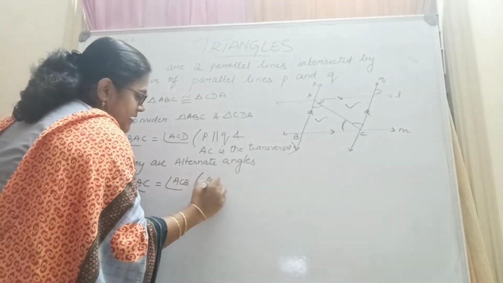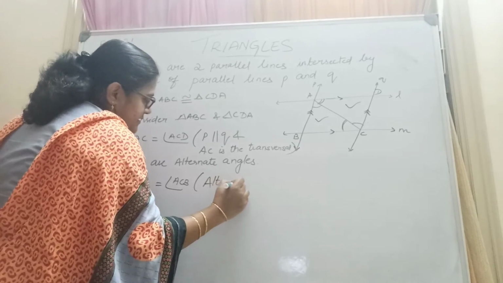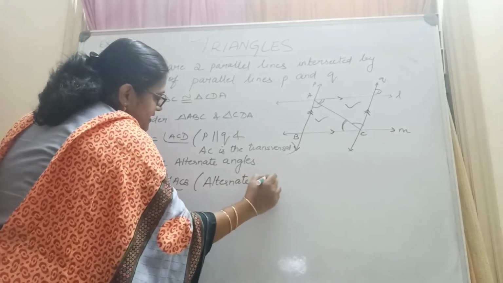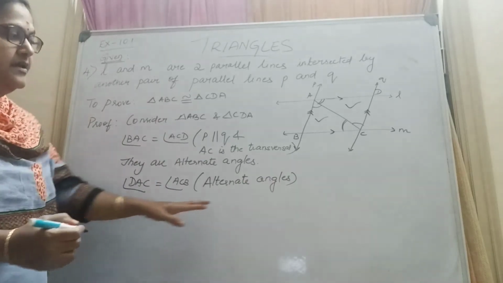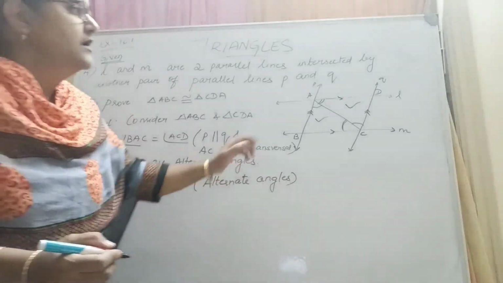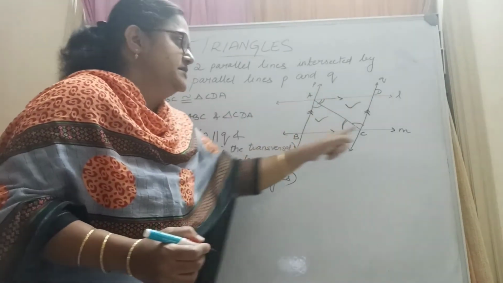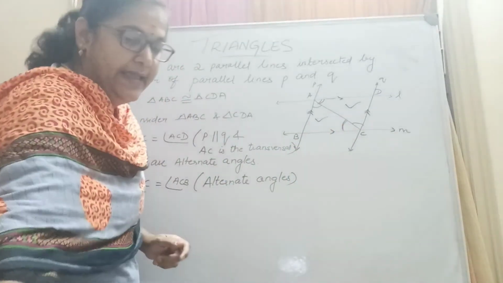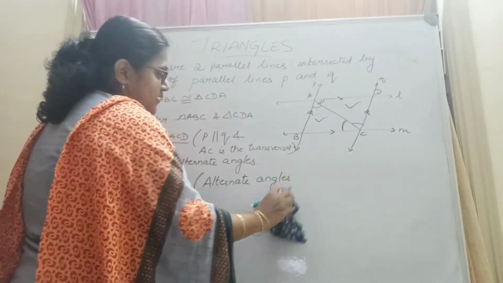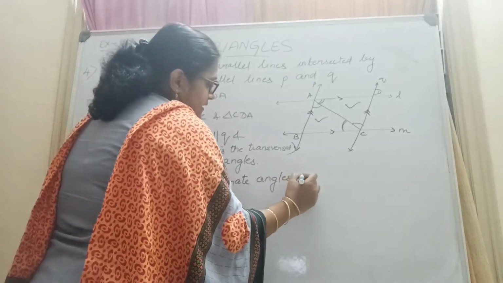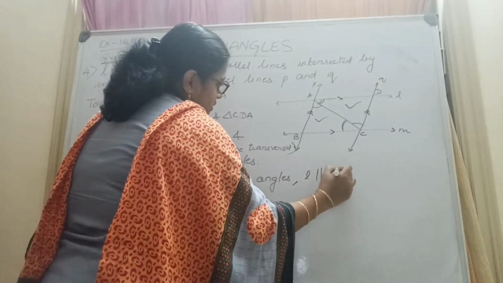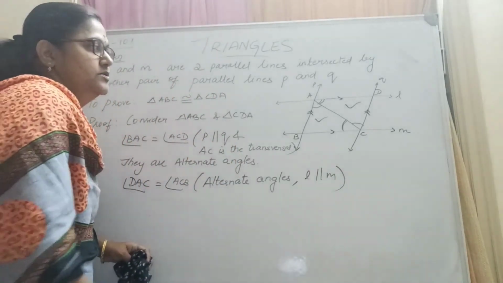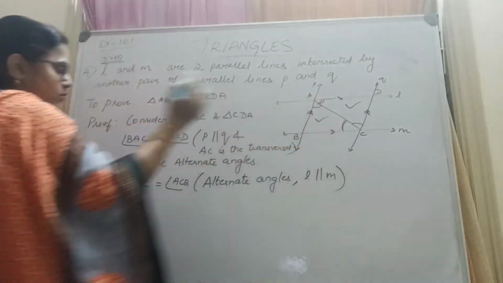Here again they are alternate angles. How did they become alternate angles? Alternate angles are equal when two lines are parallel, right? Here which two lines are parallel? Line L is parallel to line M. So I have to mention that also, how alternate angles became equal. Line L is parallel to line M, so the alternate angles are equal.